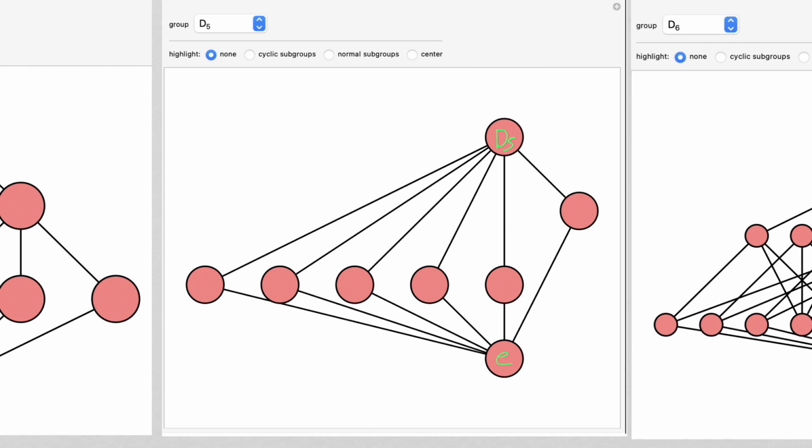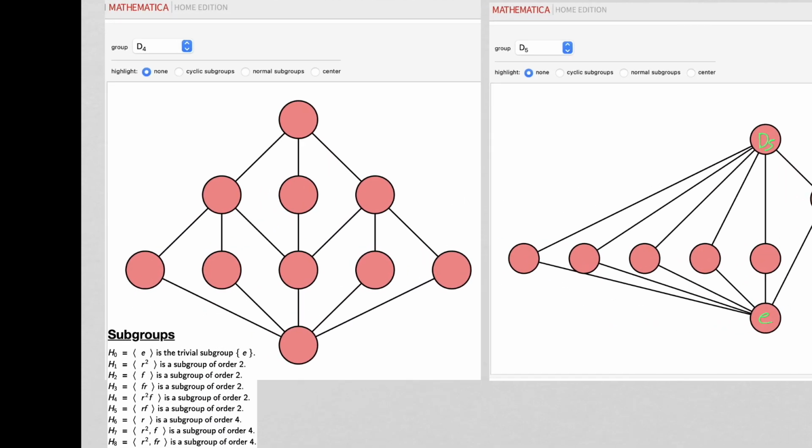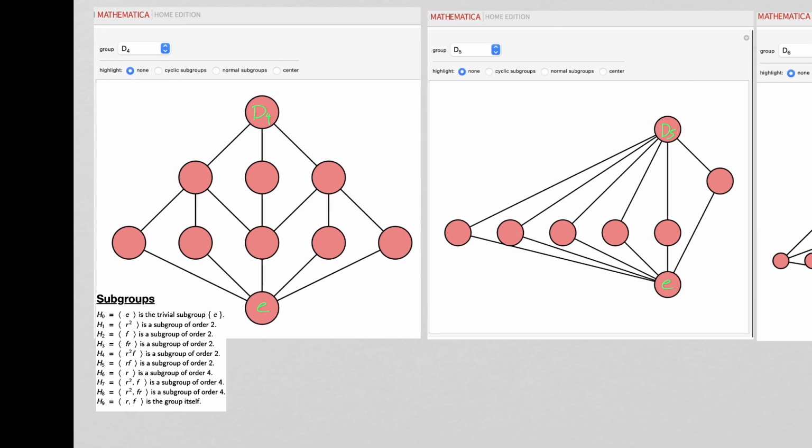And over here is the subgroup lattice for D4, so you know immediately this is D4 and this is E. So the idea is that you know that there are 3 subgroups that have higher order. These 3 subgroups all have the same order because they're at the same level, right? These 5 subgroups all have the same order because they're at the same level in the lattice. That's usually how this thing works. And subgroup inclusion, of course, is by the lines.